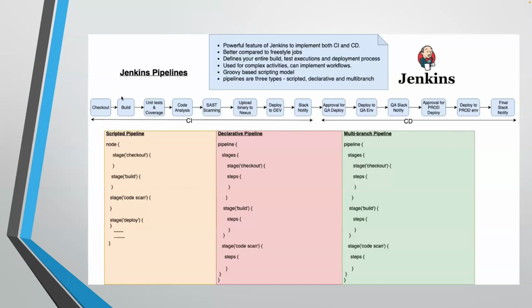As part of CI implementation, as soon as the development team commits the code, you want to check out the code, start your build process, and then you would perform various code quality checks as part of CI, such as code coverage check, static code analysis check, and you would also perform SAST scanning. And then once everything is good, you would be packaging it and uploading it into the repository manager, and then you can deploy the code into the dev environment.